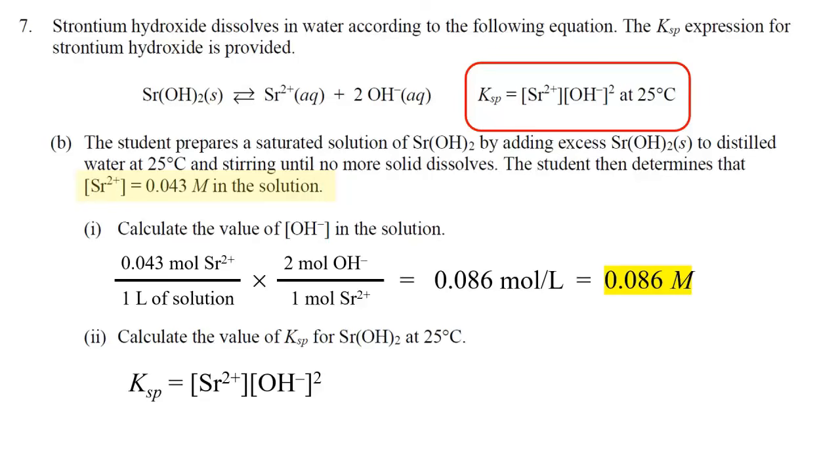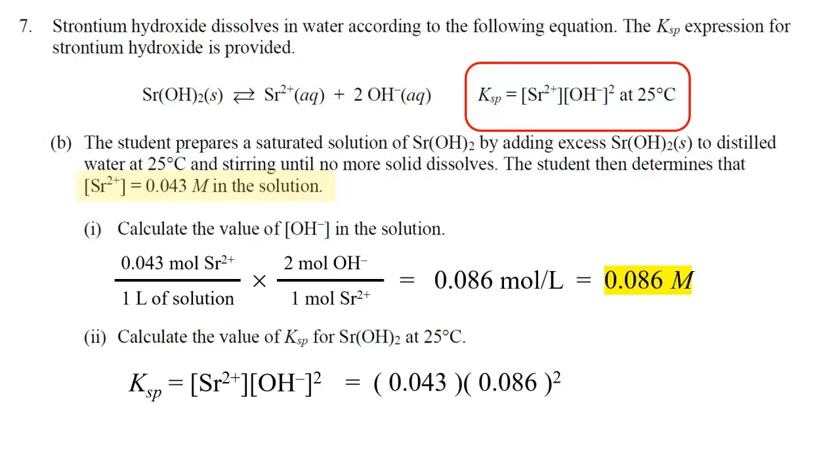And then we can plug in the values that we know for the concentration of each of these ions and calculate KSP. So the concentration of strontium is 0.043. The concentration of hydroxide is 0.086. So this is the math that we're going to do in our calculator.